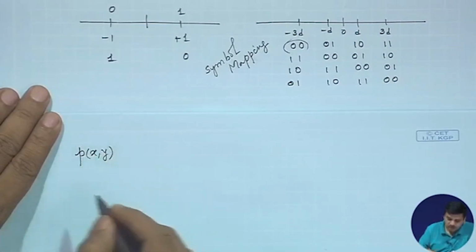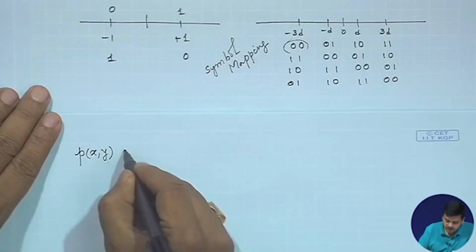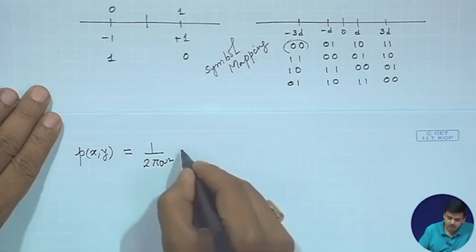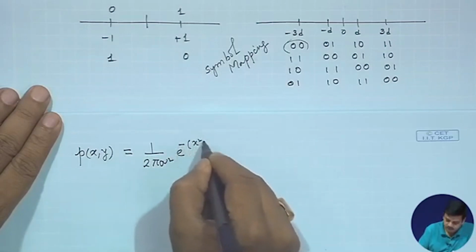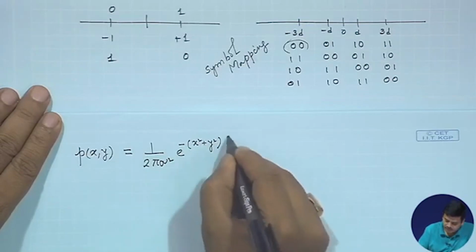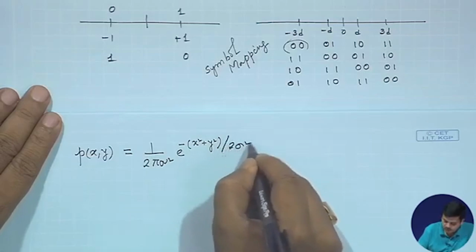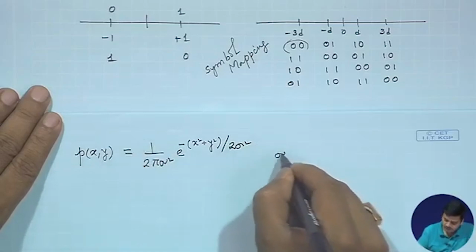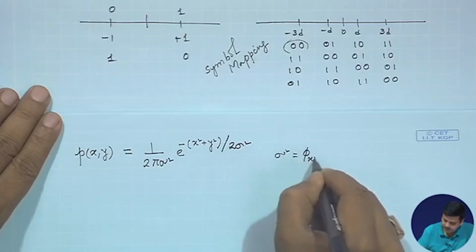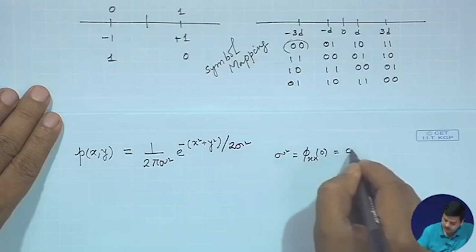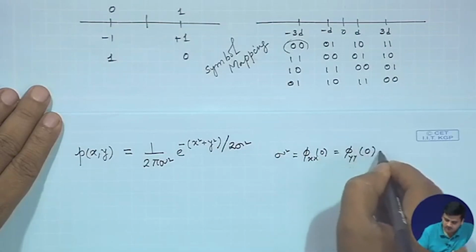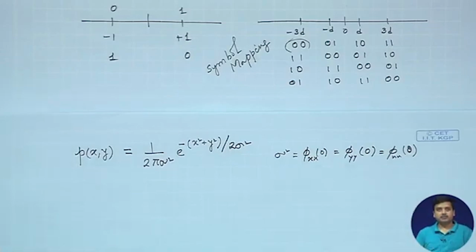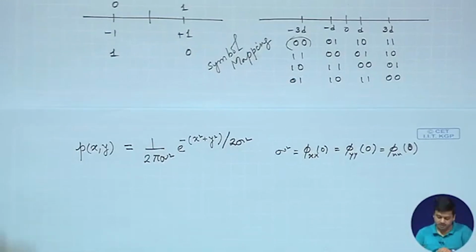For quadrature noise, that means noise with I and Q components, for the case of Gaussian noise, which we had studied, the probability density function would be given by this expression, where x and y are the I and Q components of the baseband equivalent noise, and sigma squared would be phi xx of 0. We have already discussed phi xx and phi yy, and the notations remain the same.